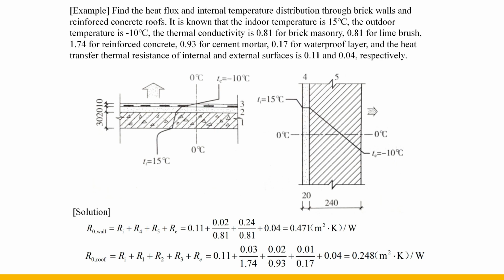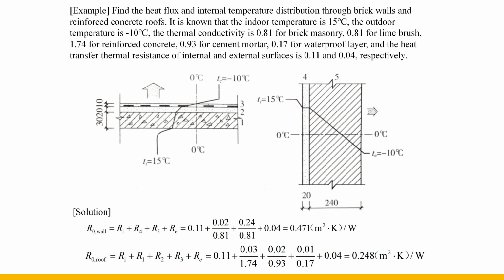The idea of solving the problem is to calculate the heat transfer resistance of brick wall and roof according to the formula of thermal resistance, then calculate the heat flux according to the formula of heat flux, and finally obtain the internal temperature distribution according to the formula of surface temperature and the internal temperature of flat wall.